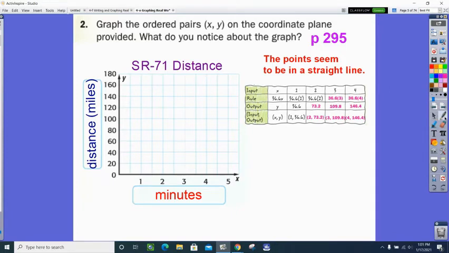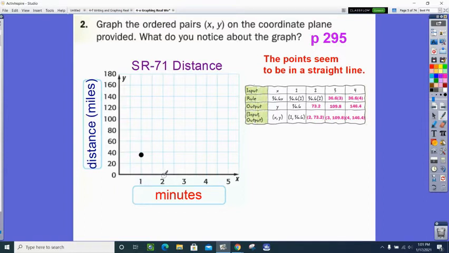When we go to plot those points, notice I'm going to plot 1, so that's easy, 1 in the x direction, and I have to go up 36.6. This is going to be an estimate. It's not going to be in the crosshairs of a vertical and horizontal line. So 20, halfway up would be 30, and then halfway from that distance to 40 would be 35. So I'm thinking it's right about there.